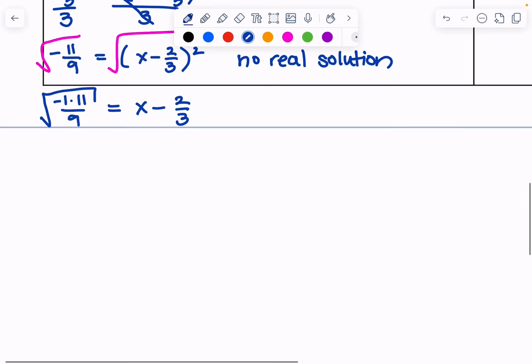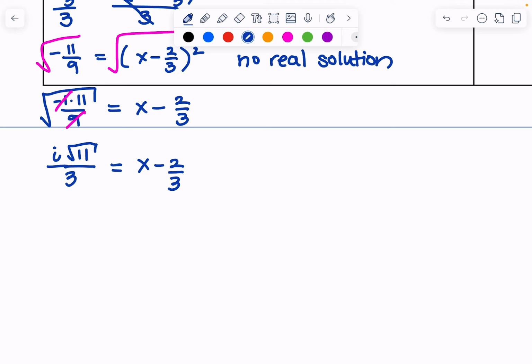And on the left, when I bring out this 9 and this negative 1, I have i/3 times the square root of 11. And you can write that a couple different ways, I guess. To write it a little bit cleaner, I might write i√11/3, like that, equals x minus 2/3.